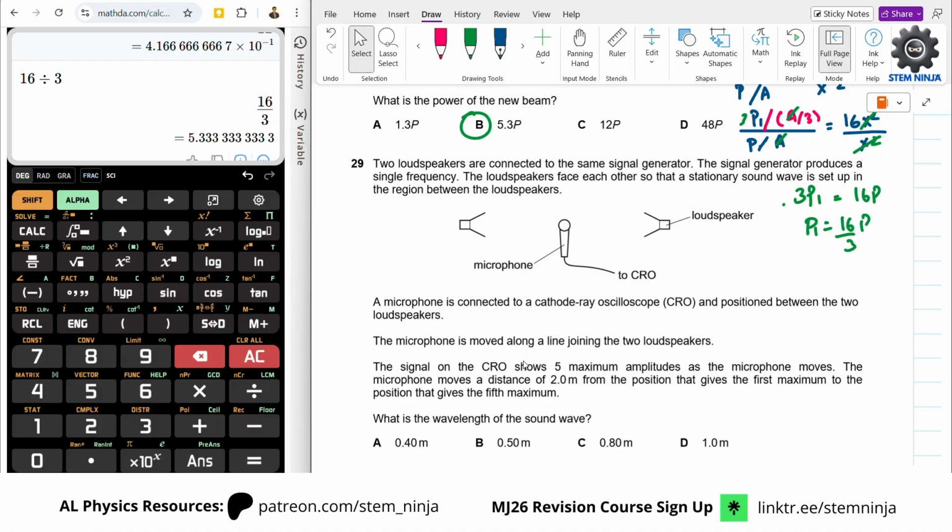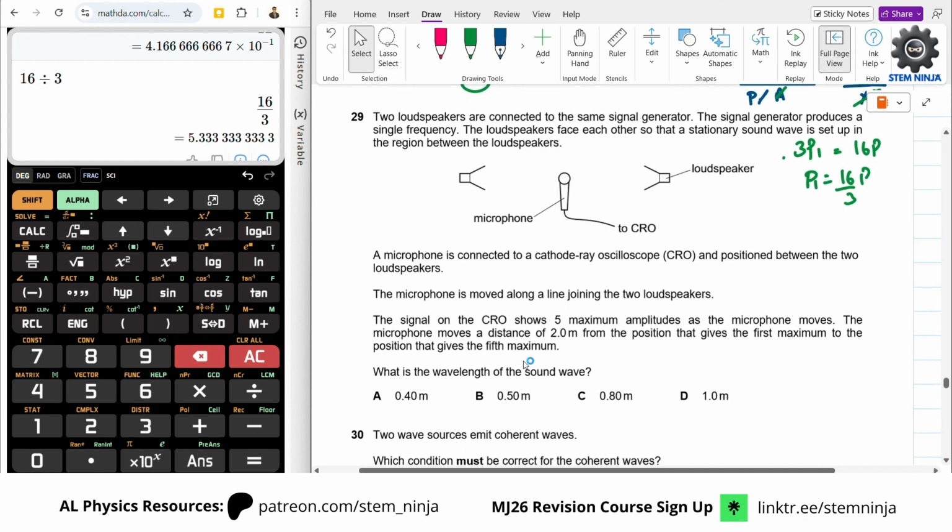The microphone is moved along a line joining the two loudspeakers. The signal on the CRO shows 5 maximum amplitudes as the microphone moves. The microphone moves a distance of 2 meters from the position that gives the first maximum to the position that gives the fifth maximum. What is the wavelength of the sound wave?